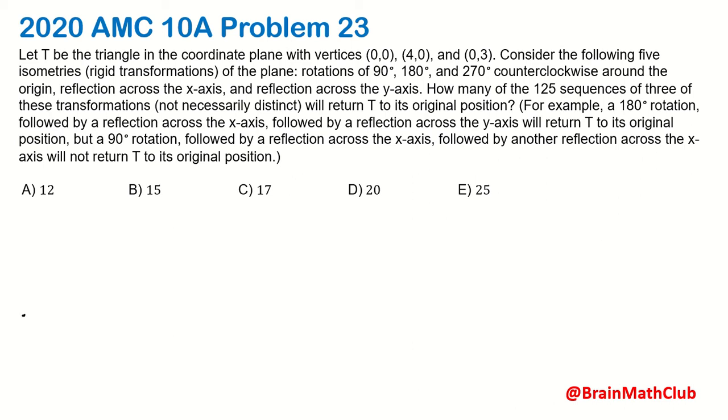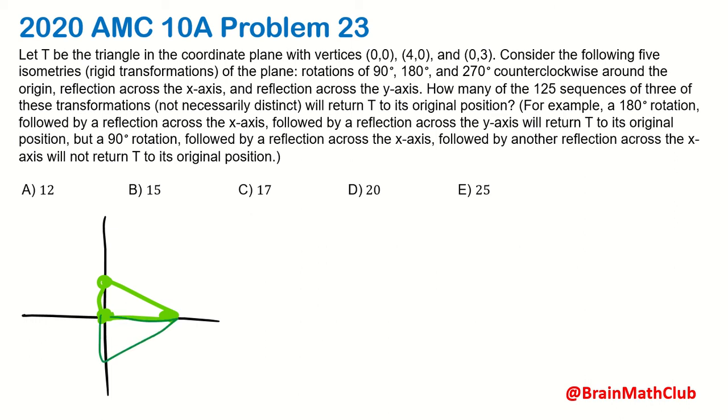So here, let's make the diagram again. (0, 0), (4, 0), (0, 3). The first thing we want to see is reflections, since reflections change the orientation. What I mean by this is that if we do a reflection across the x-axis, this negates all of the y values.